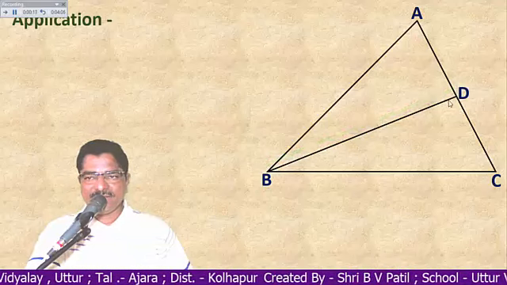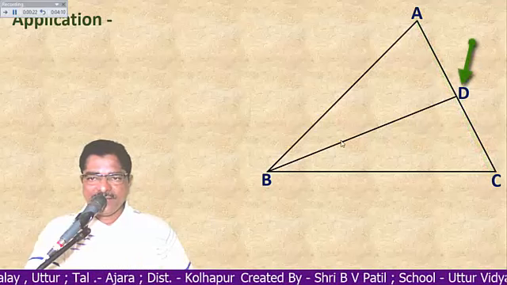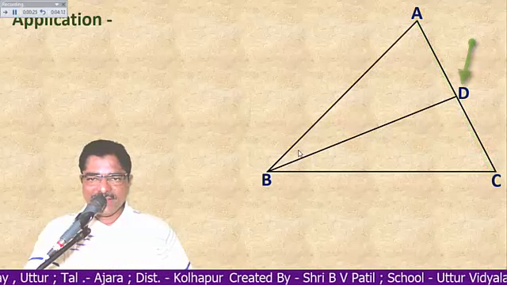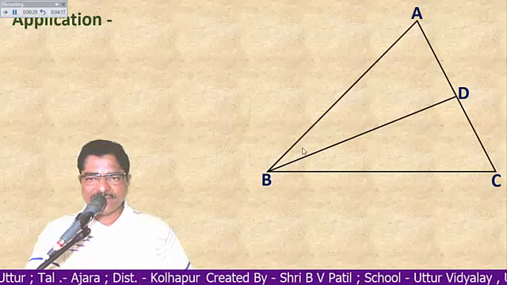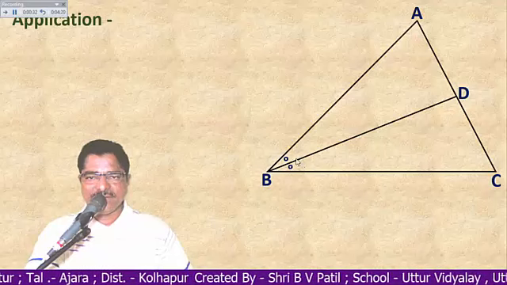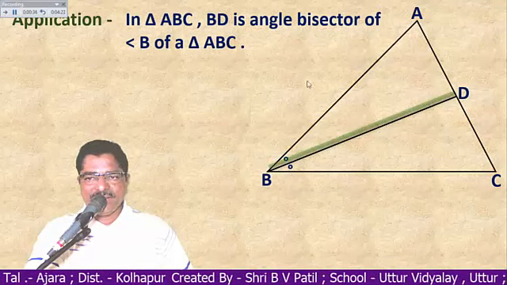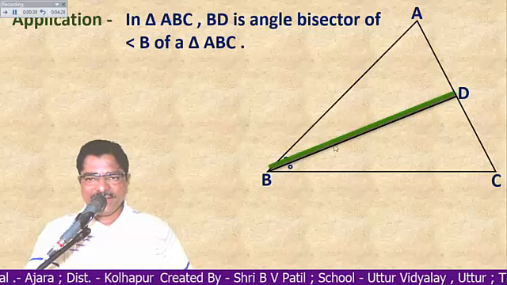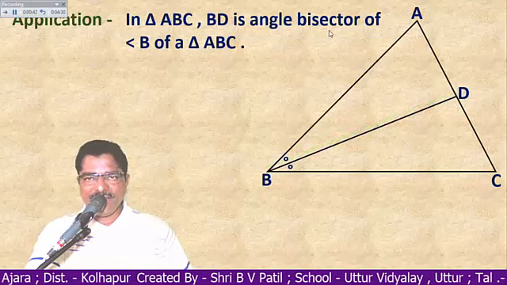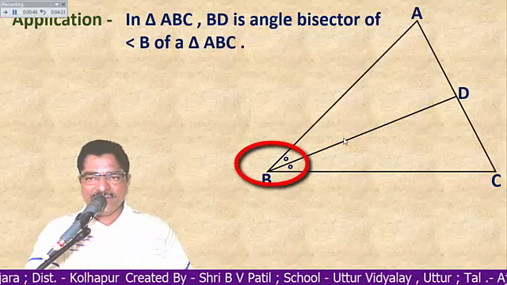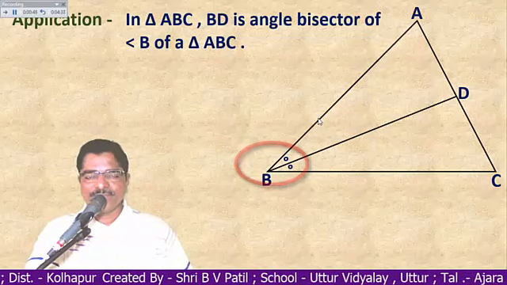This bisector divides AC at point D and divides angle B in equal measure. In triangle ABC, the bisector is BD. BD is the angle bisector of angle B of triangle ABC.